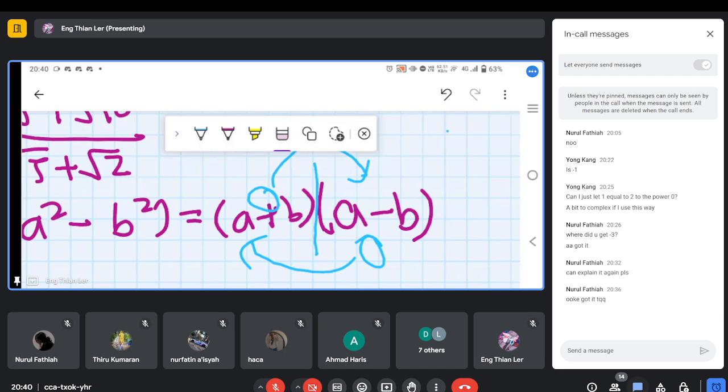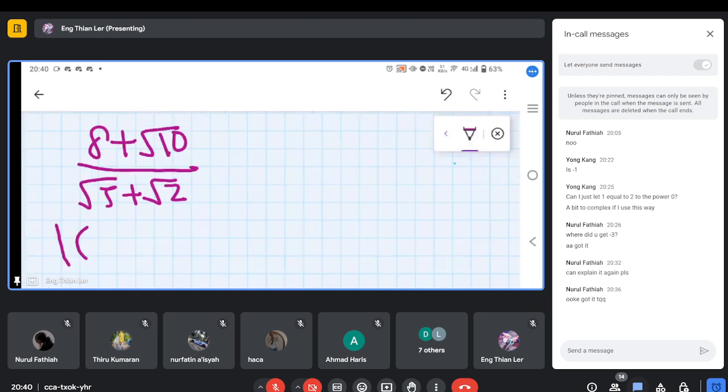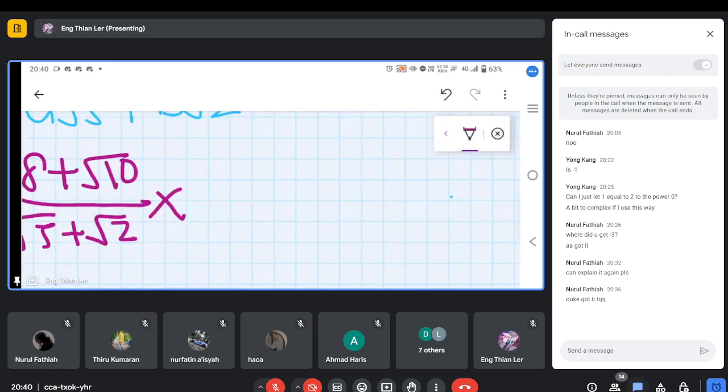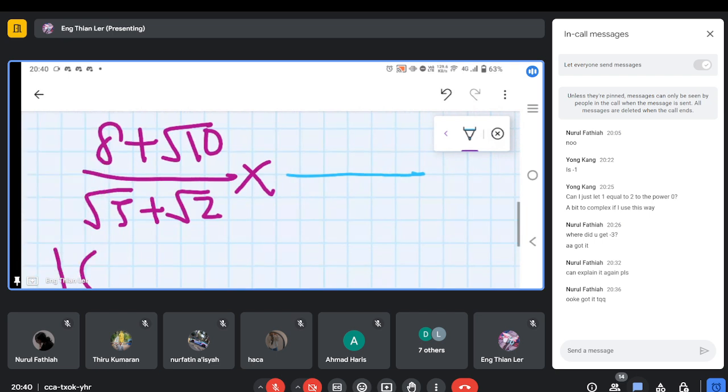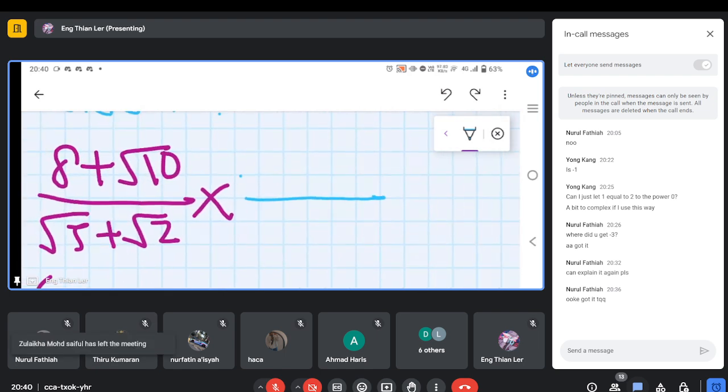I will erase this. Let's start the rationalization. We multiply by the conjugate, which is basically this but replace the plus with minus. You need to multiply the top and the bottom, because they equal 1, so this won't change the whole expression. So root 5 minus root 2 on top, and root 5 minus root 2 on the bottom, the same. Now we expand the top: 8 plus root 10 times root 5 minus root 2.